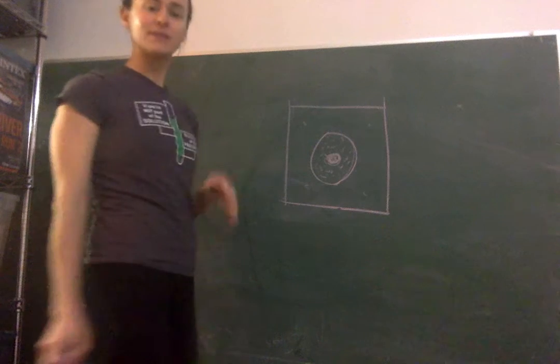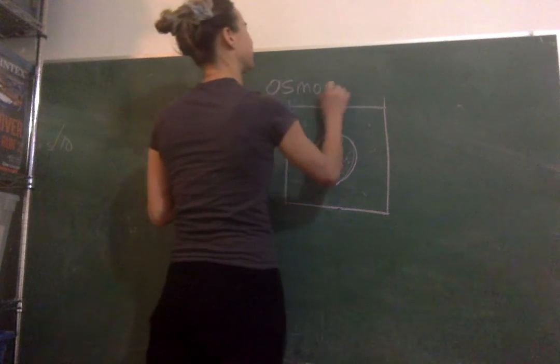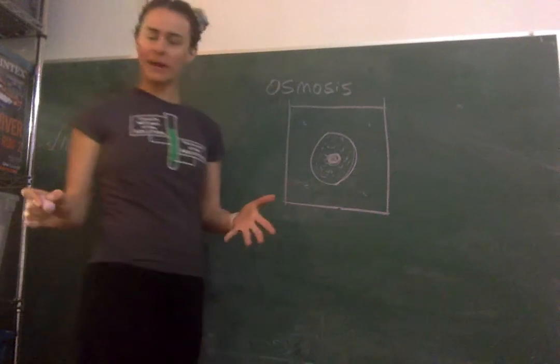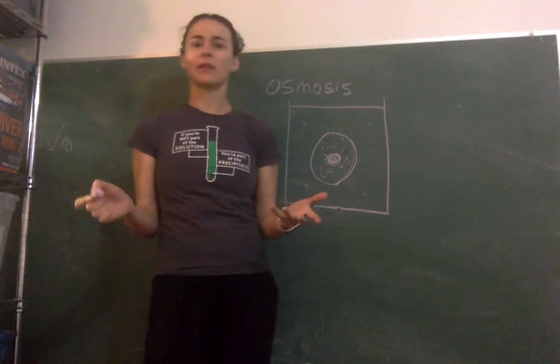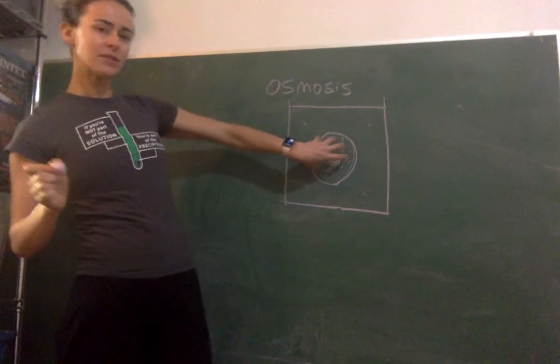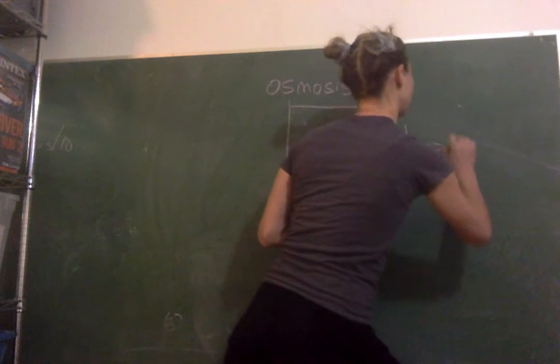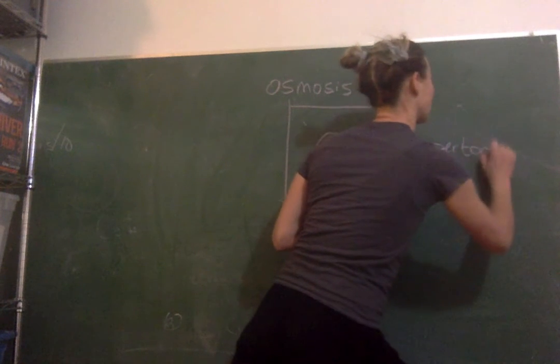Now, what happens is a process called osmosis. So a little bit of a biology concept, but it makes sense when you look at the concentration of things. The concentration of solute is really, really high in the egg, and that's called hypertonic.